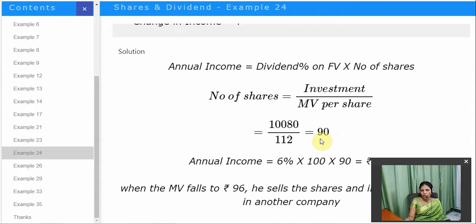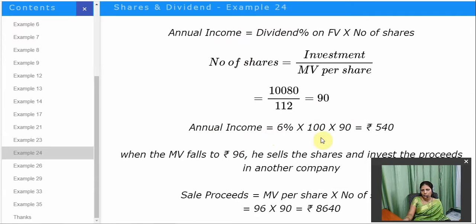So now you need to find the annual income. Just substitute here. Annual income is equal to dividend percentage on face value into number of shares. Here 6% is dividend percentage into 100 into 90. So his annual income is 540 rupees.